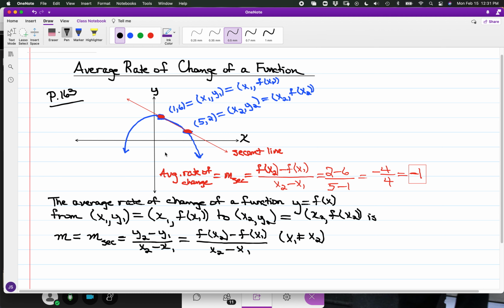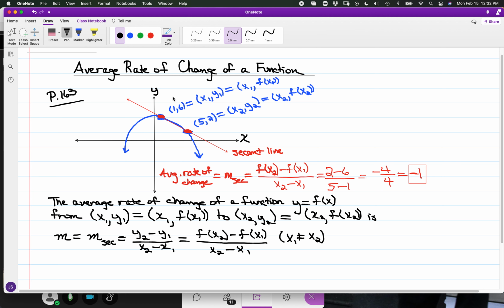This refers to the slope between the points on the parabola at (1, 6) and (5, 2), and you're looking at the average rate of change on that particular curve. Just taking a straight line through this, connecting the dots with a straight line, that line is referred to as a secant line, passing through (1, 6) and (5, 2).